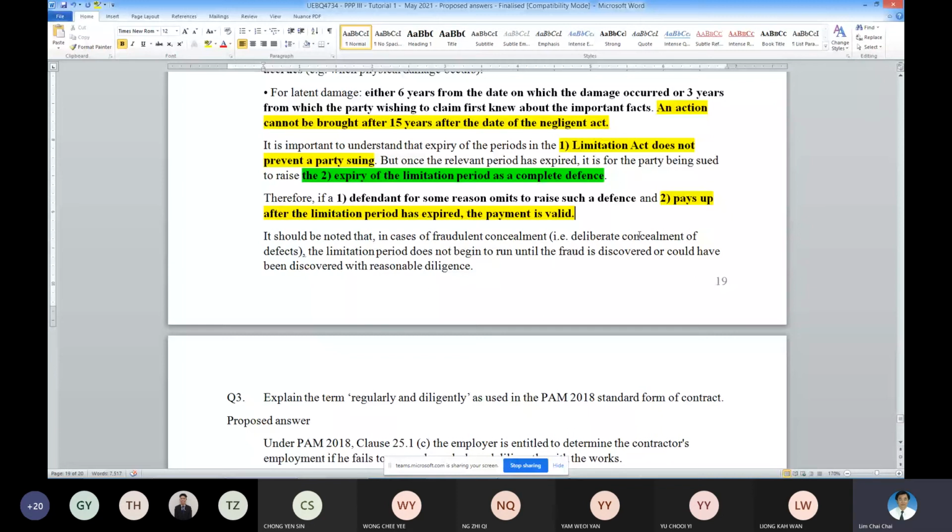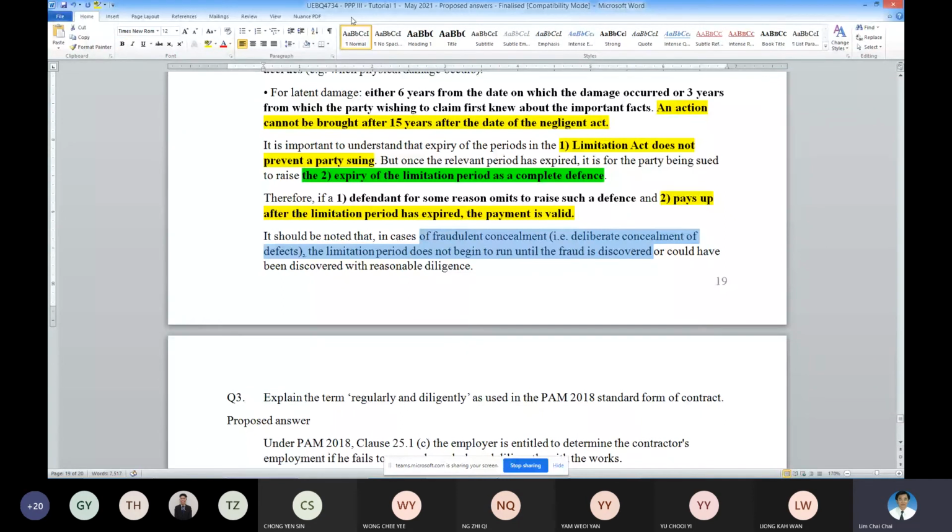It should be noted that all these will negate your time bar if there is fraud involved. The limitation period does not begin to run until the fraud is discovered.